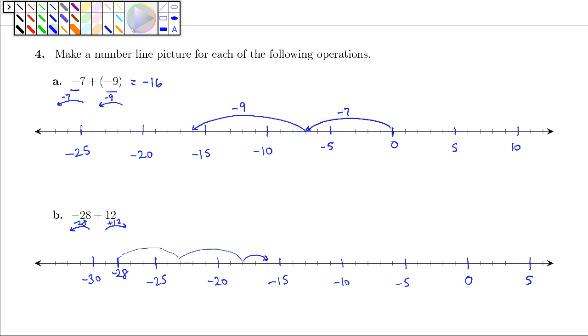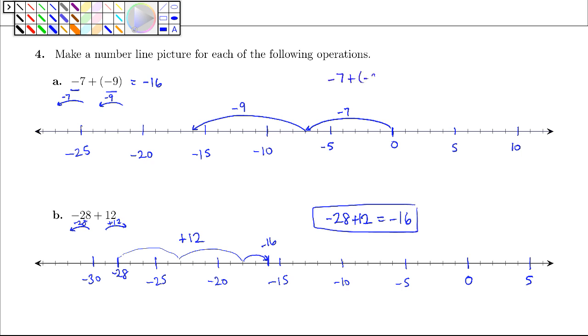So this is plus 12. And that just helps me to see more easily, so I don't actually have to count 1, 2, 3, 4, 5, 6. Okay, and I ended up at negative 16 again. So negative 28 plus 12 equals negative 16. Same answer as last time. Negative 7 plus negative 9 equals negative 16 also.